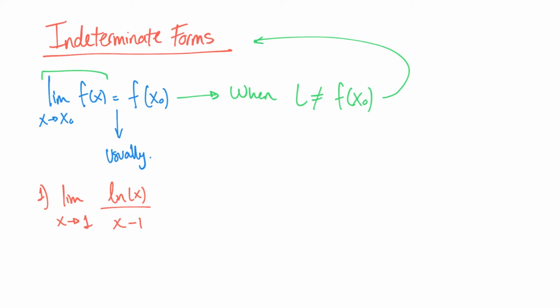If we tried to just plug in 1 where the x is in the function, we'd see very quickly that we would get 0 divided by 0. And this cannot happen. Okay, this is a big problem. Therefore, we cannot determine whether this limit converges or diverges.